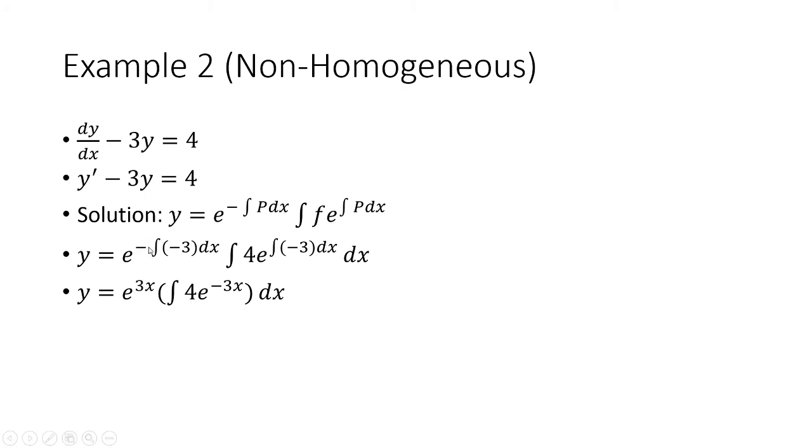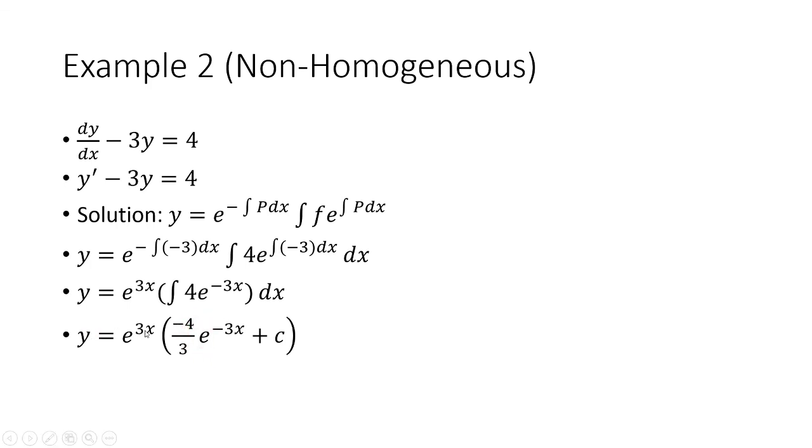Right, e to the negative negative 3 is e to the 3x, and you multiply by this integral right here, 4 times e to the negative 3x, and then here you expand the integral. You learned how to do this in Calc 2.